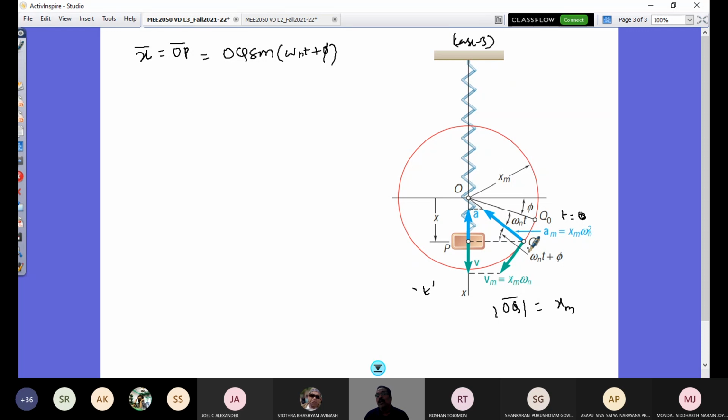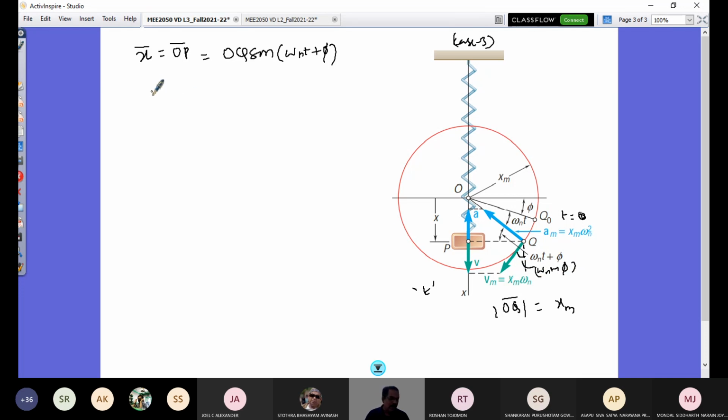And this Q is a point which has uniform speed, and it circles, so it's always tangential. See this direction. When you put this direction to the vertical, it is the same as this angle omega nt plus phi. So this helps us to write this further.